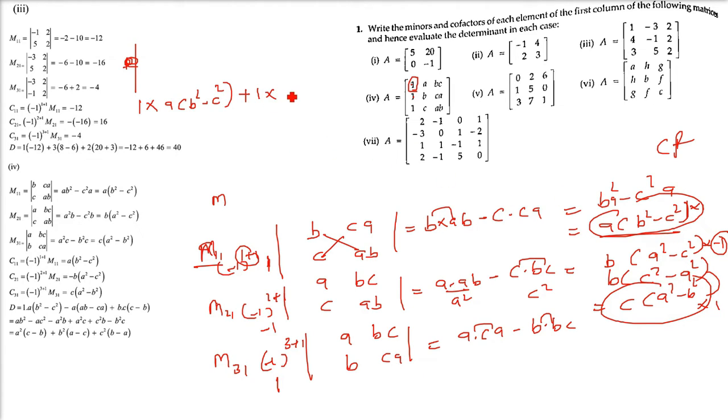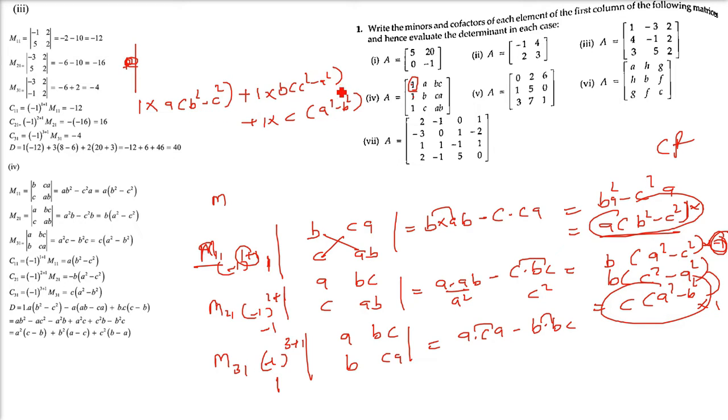Please remember, it is b into c square minus a square, since we have multiplied it by the minor with negative 1. So b into c square minus a square, then we have c into a square minus b square. So you can just rearrange them and the answer will be final.